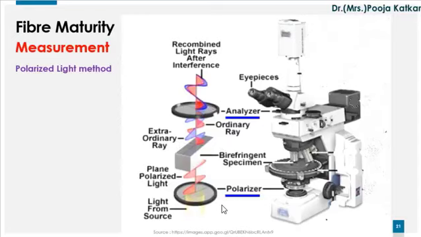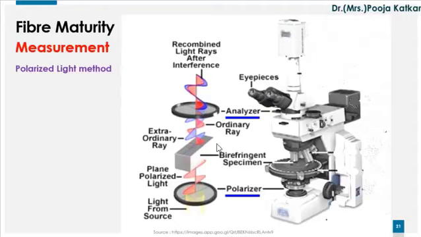As far as cotton fiber is concerned, since we have different types of fibers as mature, immature, half mature fiber, and they differ mainly in cellulose content and in wall thickness, and because of the difference in wall thickness, the division into ordinary and extraordinary ray will be different for different types of fibers.